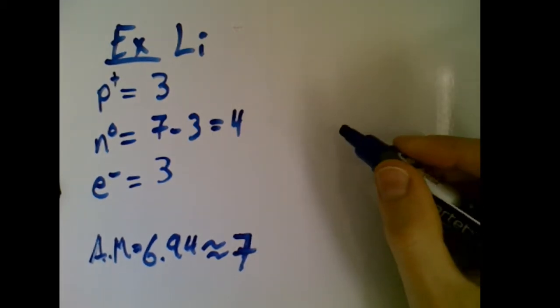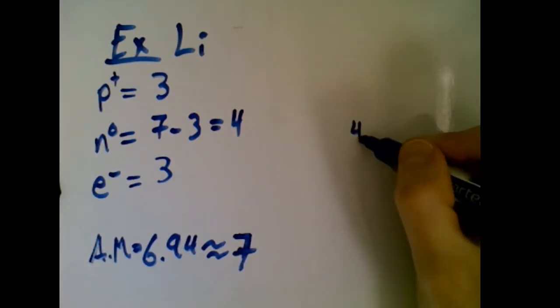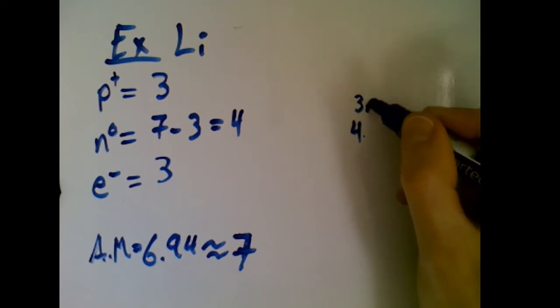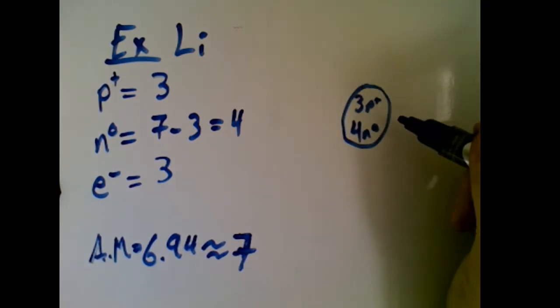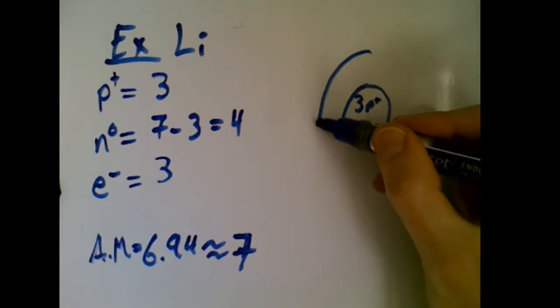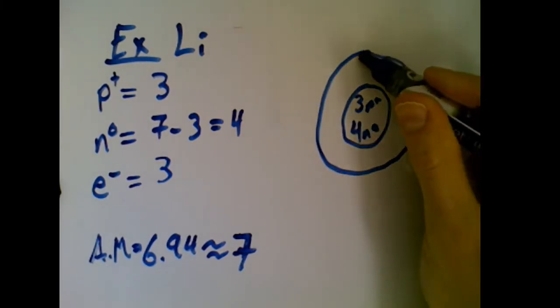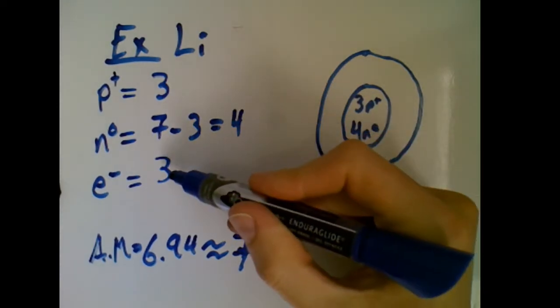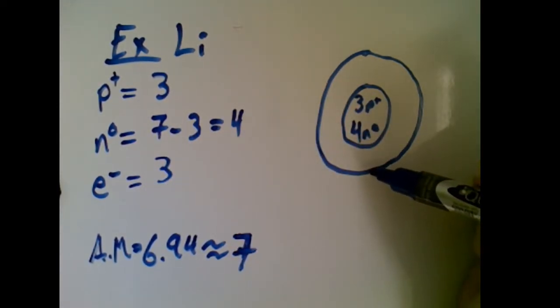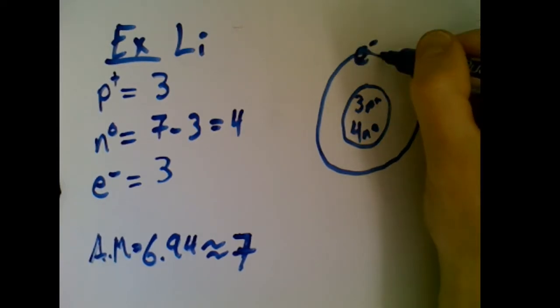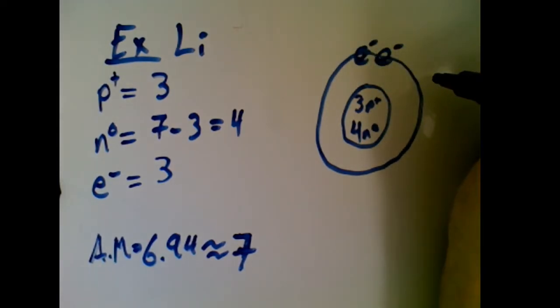So our next step is we want to draw the nucleus. So protons and neutrons go in the center. Draw a circle to represent your nucleus, and then draw a circle to represent your first orbital. You need to have 3 electrons in total, but remember the first orbital can only hold 2. So 1, 2.